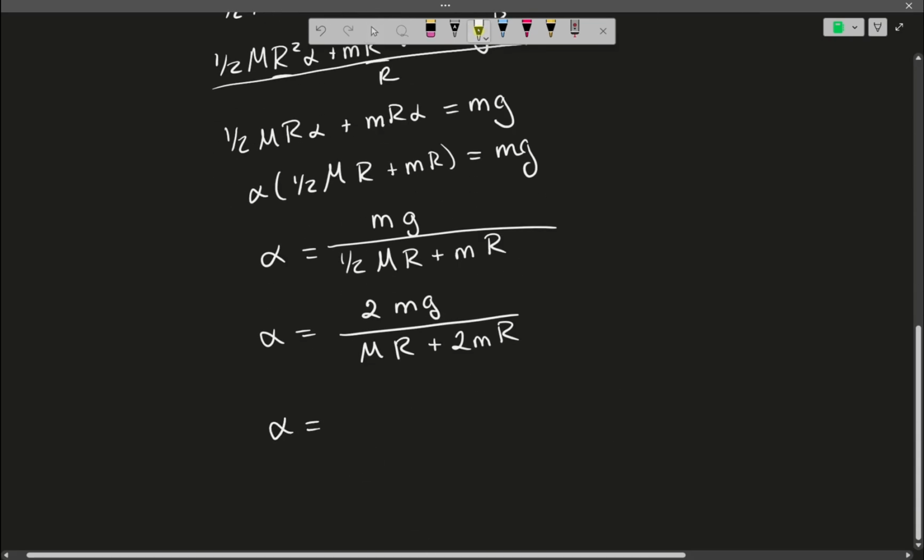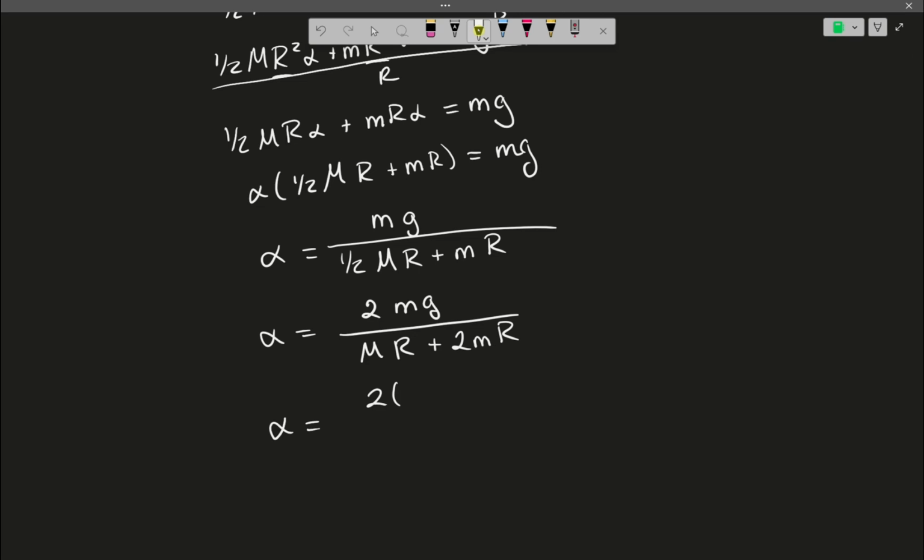And now we should have all the information we need to solve this equation. So the mass of my sphere is 0.01 kilograms, and g is 9.81 meters per second squared.